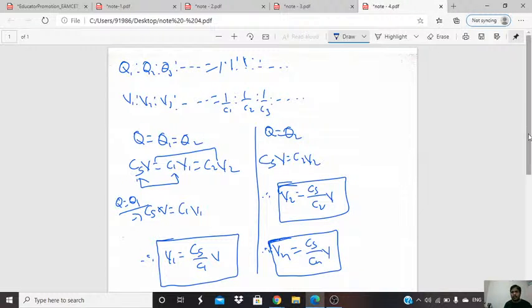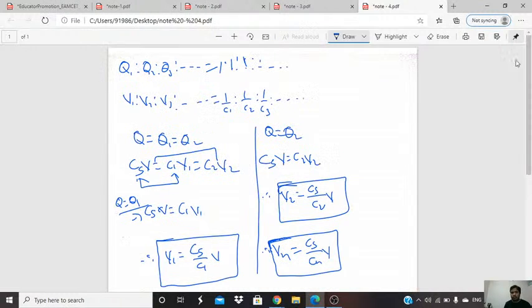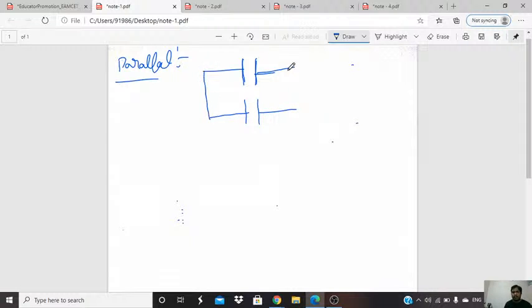Capacitors in parallel. So parallel means what? First plates of all capacitors to first terminal of battery, and second plates of all the capacitors to second terminal of the battery.